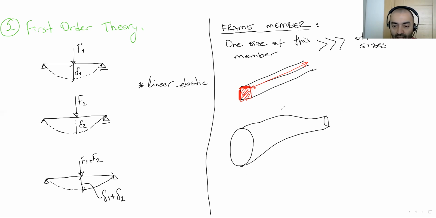It doesn't have a perfect shape like this beam, but we have here an arbitrary shape. What we do here, okay, we find the center point of this one and the other one. So at each section of this arbitrary member, we connect the center points of these sections to each other.